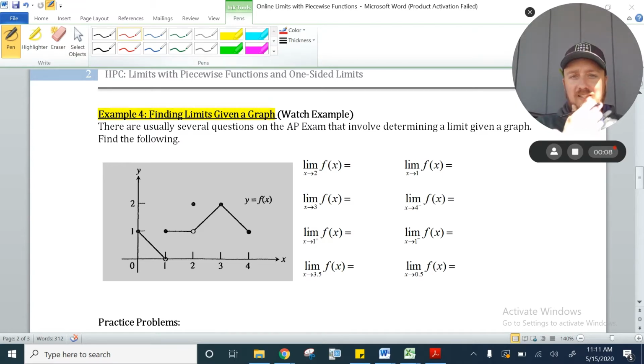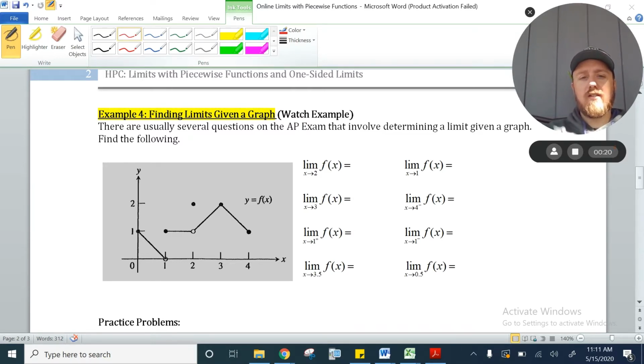So we're finding limits given a graph, and it's an AP style question, it says, but the idea is it's trying to imitate an AP exam test question, and the reason is they give you a graph like this. They love doing this. They give you a graph, no equation, and then they tell you to do something with it.